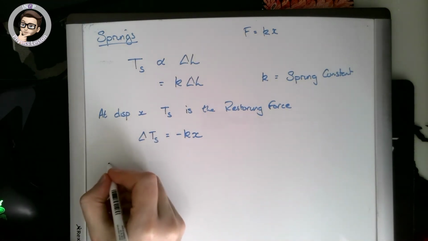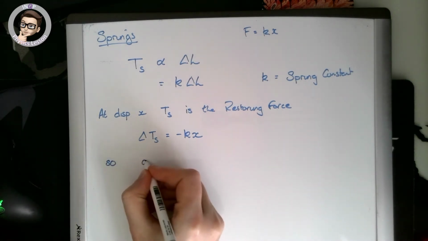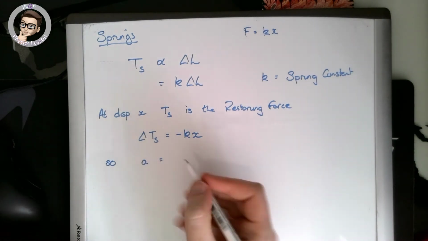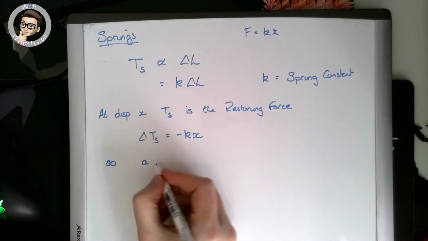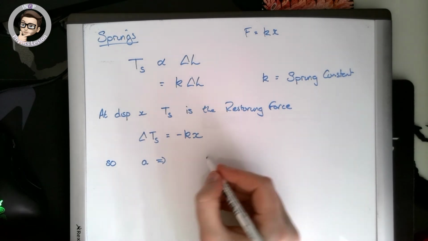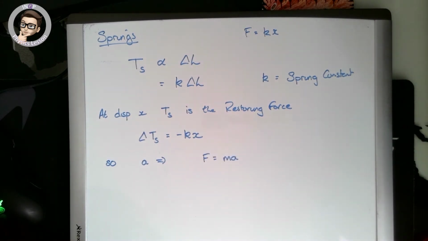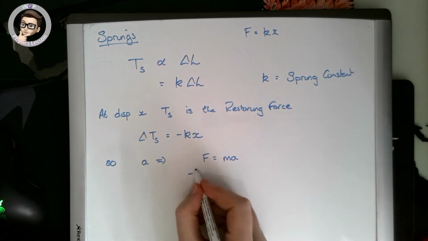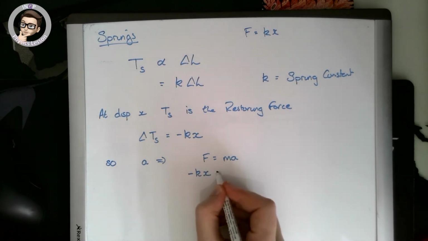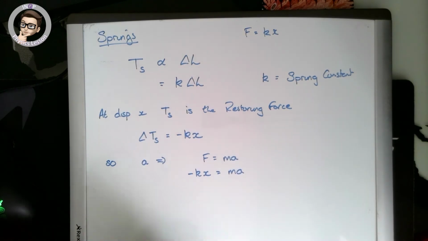So we can define acceleration. F equals ma, which we know, Newton's second law. So we can say minus k lots of x is equal to m times a.